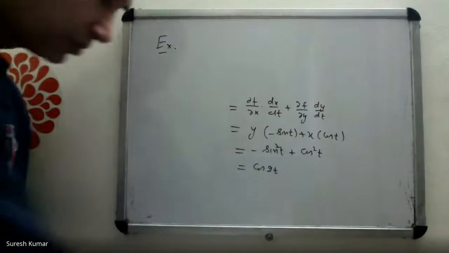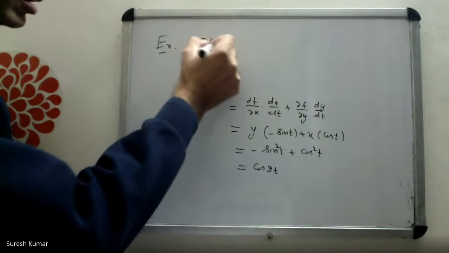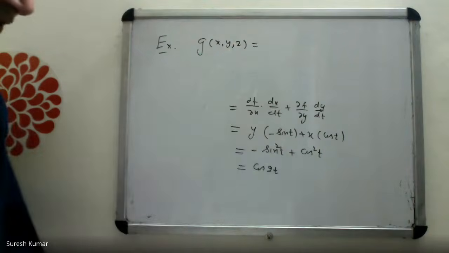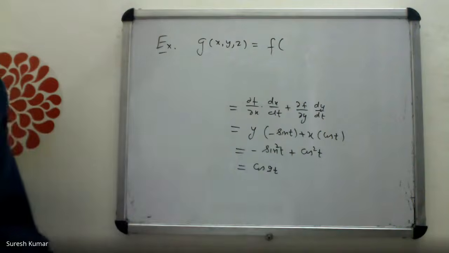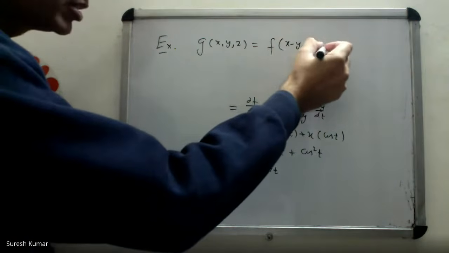Next problem, very interesting. This will test your brain. Suppose g is a function of x, y, z and f is a function of x minus y, y minus z, z minus x.